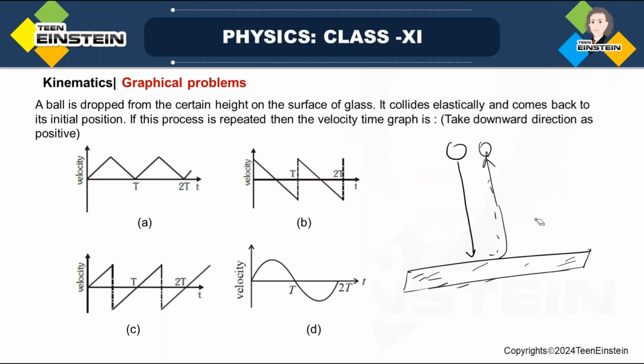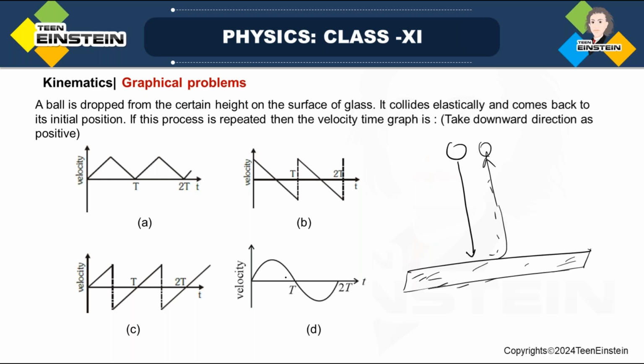In elastic collision there is no change in the kinetic energy, so that's why it can go up to the initial point height. Now you have to find out if this process is repeated, how the velocity time graph will be. Look, all are velocity time graphs.